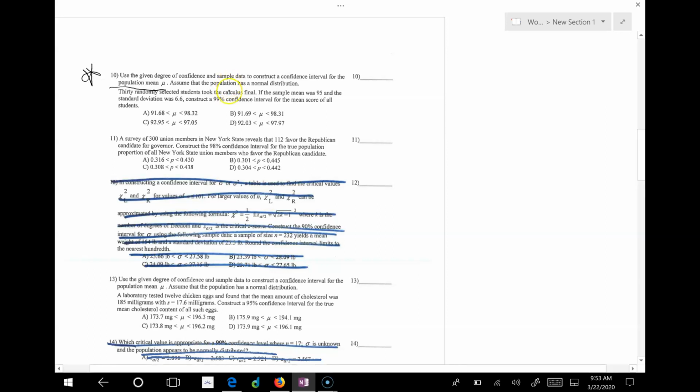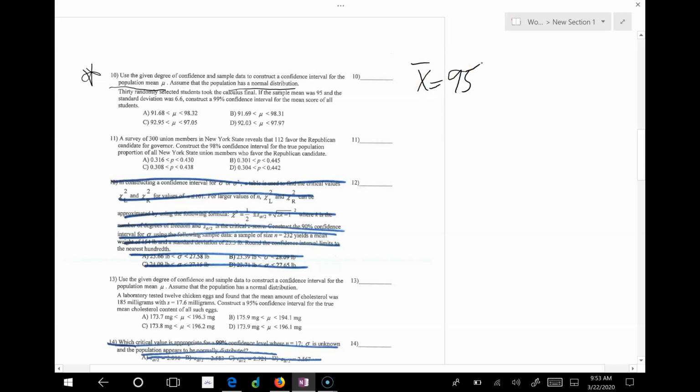So that's one of the requirements. 30 randomly selected students took the calculus final. If the sample mean was 95, so sample mean is the same thing as X bar, that's 95. You can note yourself as you go.